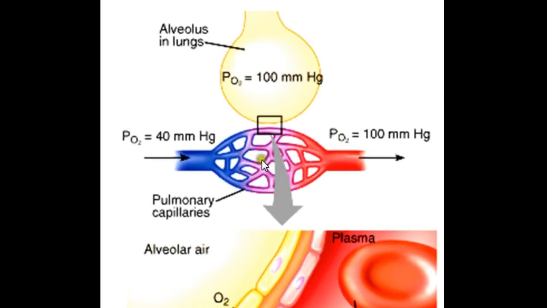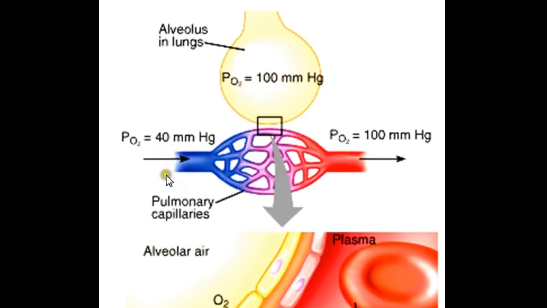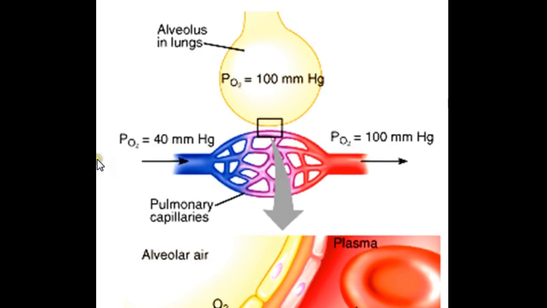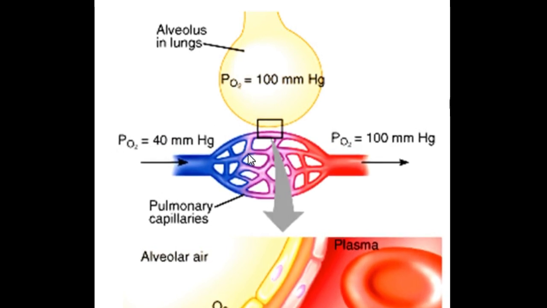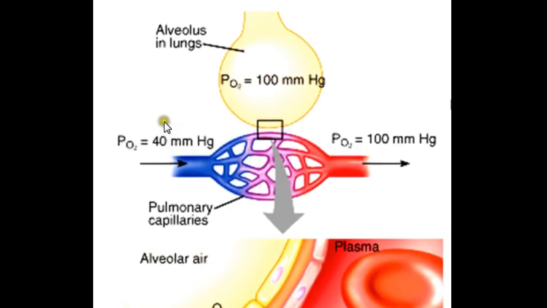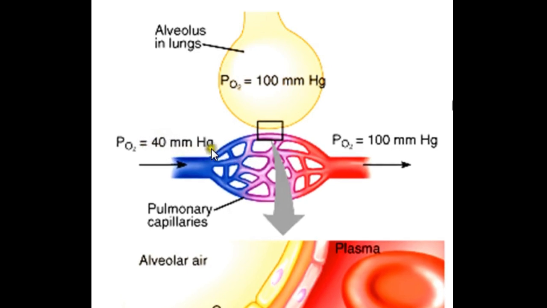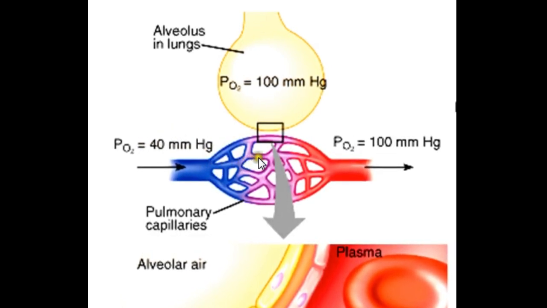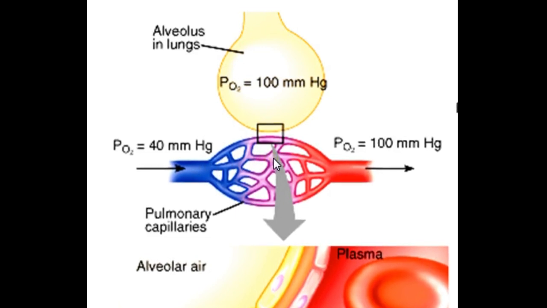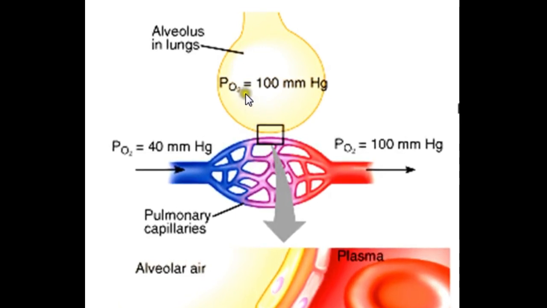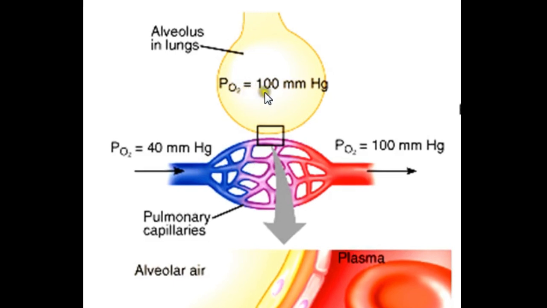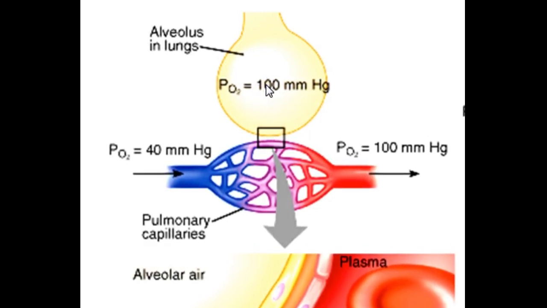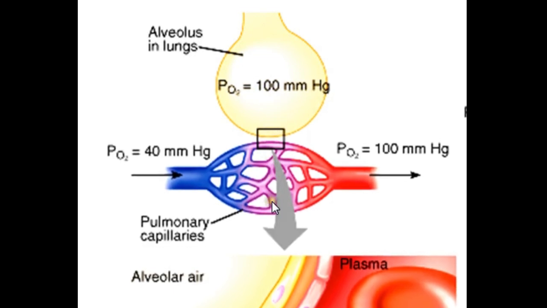Now, the blood from the systemic veins is coming to the pulmonary capillary with a partial pressure of 40 mmHg. When this blood comes to the alveoli, in the alveoli the pressure is 100 mmHg. So there is a diffusion gradient of 60 mmHg.